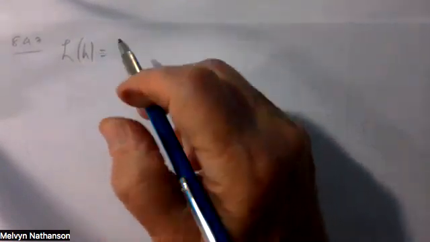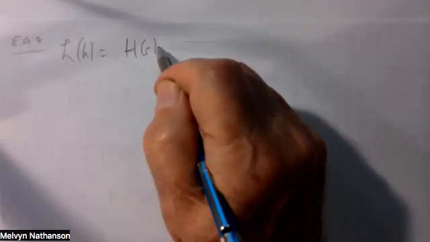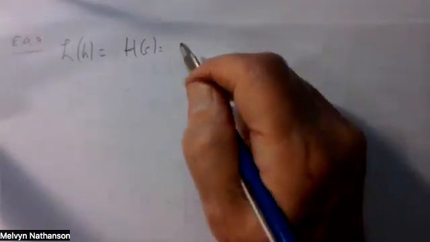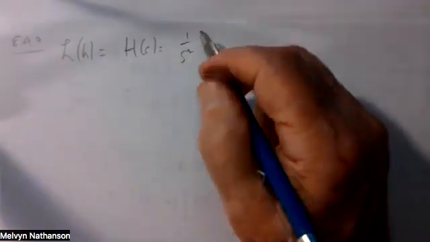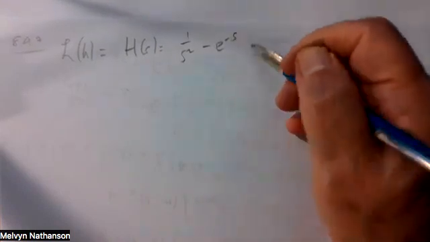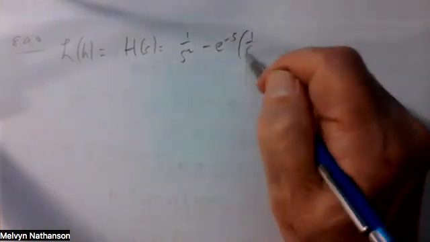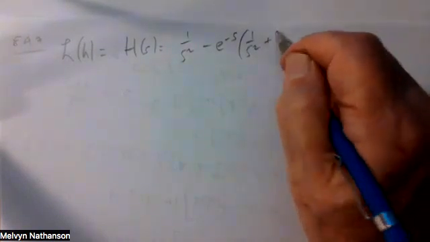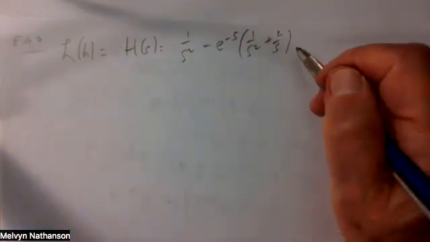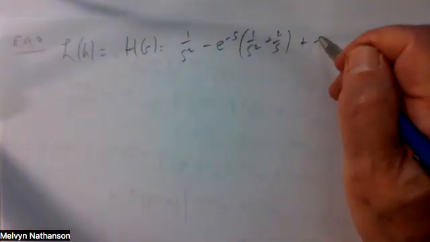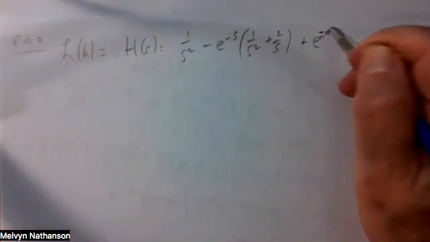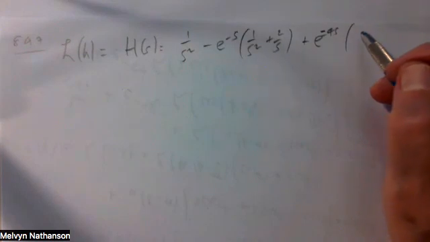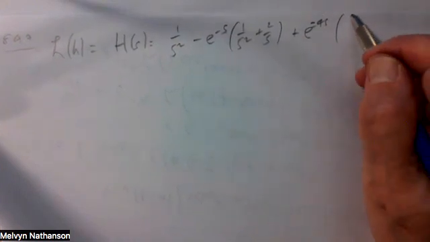Suppose the Laplace transform of some function h is a function capital H of s, which is 1 over s squared minus e to the minus s times 1 over s squared plus 2 over s, plus e to the minus 4s over s cubed plus 1 over s.